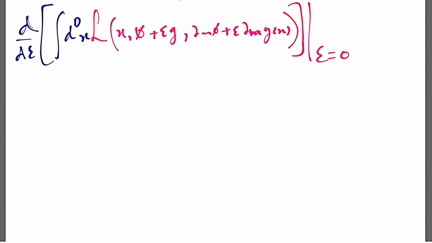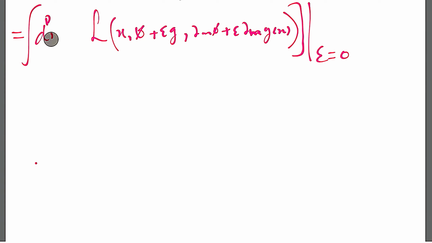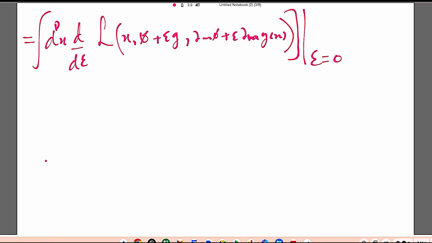Now we need to find d by de. You know that d by de and the integral are independent of each other, so we can just move the derivative inside and apply it directly. So it becomes d dx, and there is d by de of this whole Lagrangian. d by de will only apply on the terms that contain e, and only the Lagrangian contains e.